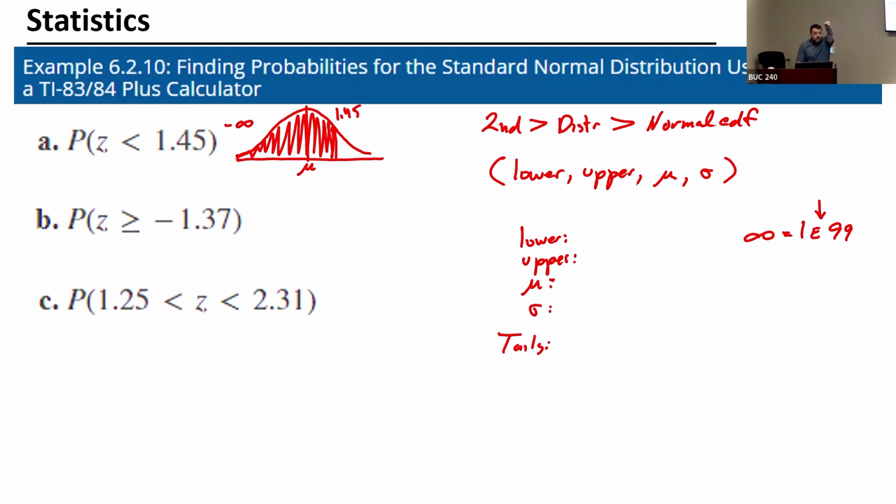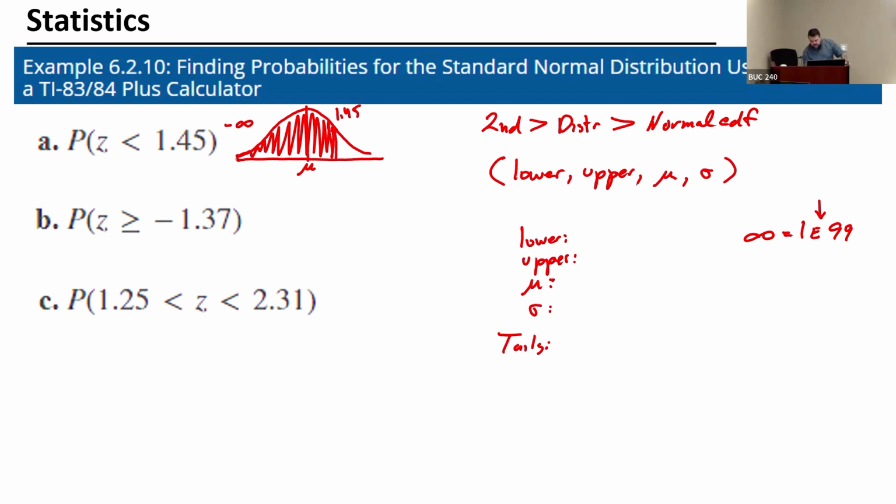If you look right above that comma, after you hit the second key, it says EE. That's your scientific notation button. So when you put 1 E 99, you're doing a 1 with 99 zeros. What you've done is basically create a bound that's infinitely far out there. That's all you've done.